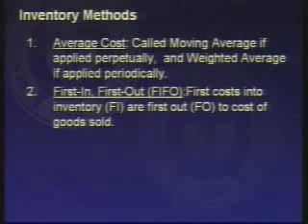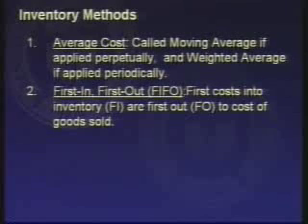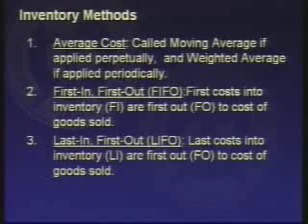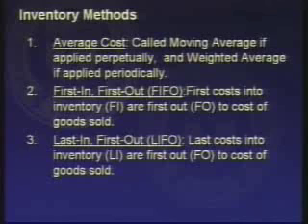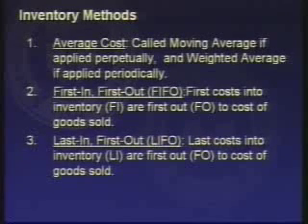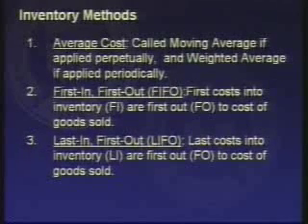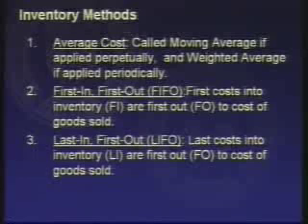So first in, first out refers to the costs that go into cost of goods sold as an expense for the period. Now, another valuation technique is called LIFO, or last in, first out. For this particular method, the last items in are the first items in terms of the cost flow that get attributed to cost of goods sold.